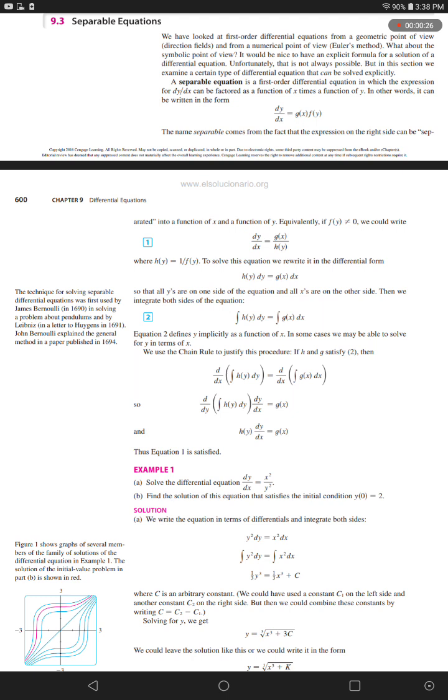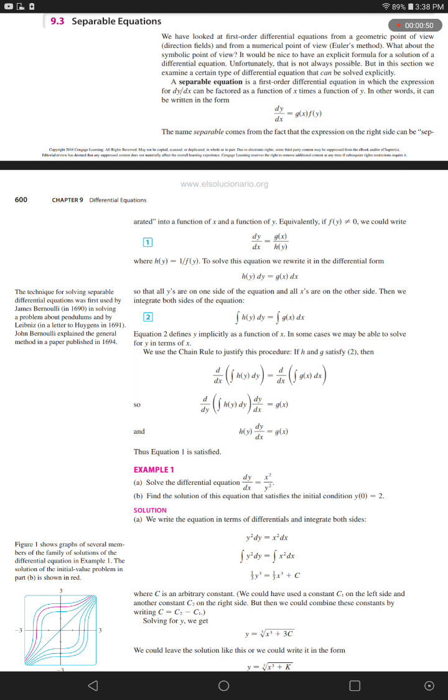What about the symbolic point of view? It would be nice to have an explicit formula for a solution of a differential equation. Unfortunately, that is not always possible. But in this section, we examine a certain type of differential equation that can be solved explicitly.